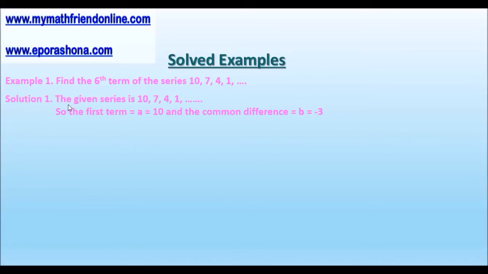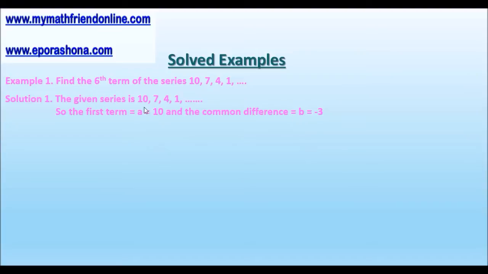Solution 1. The given series is 10, 7, 4, 1 and so on. We have got the formula by taking the first term as a and the common difference as b. So over here in this series we have the first term as 10, so the value of a is equal to 10. And what is the value of b?